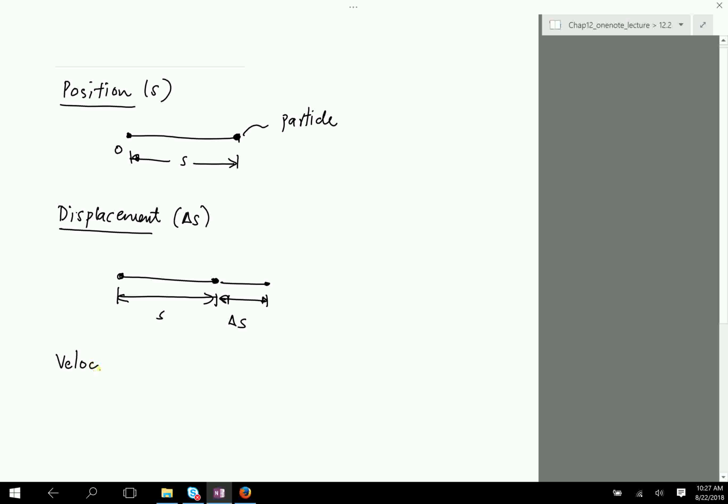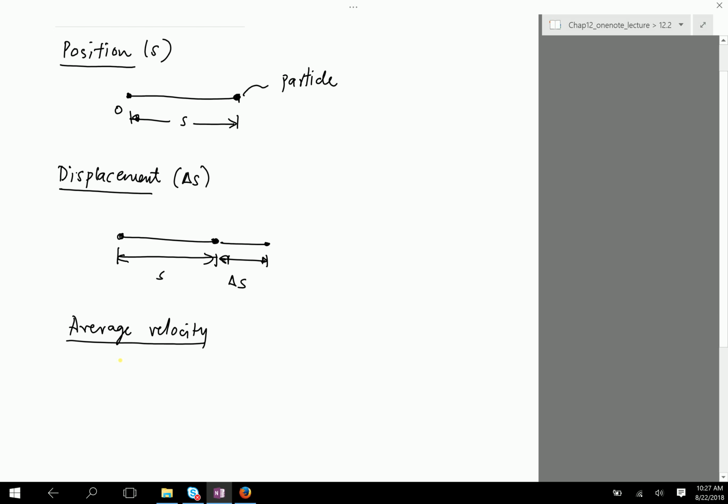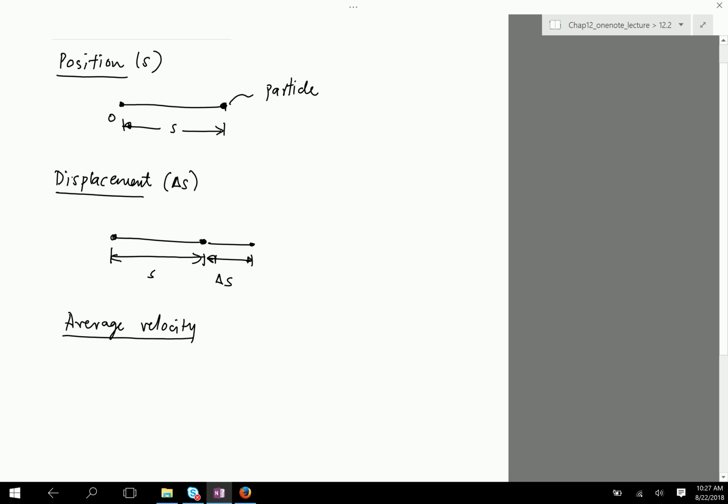Okay, velocity, average velocity is defined as the displacement delta S divided by the time in which that displacement took place.